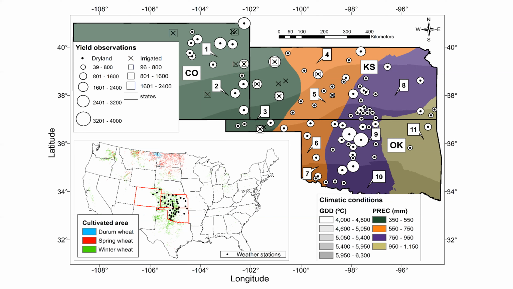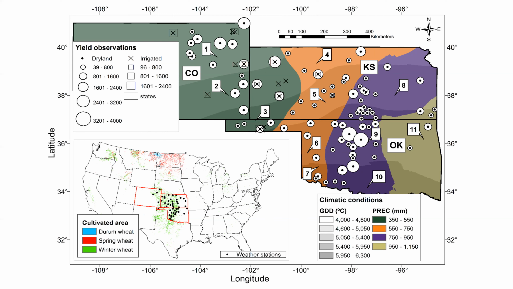Each one of those white circles in the map is a place where we had variety trials in the last 20 years. The bigger the circle, the more observations we had. Overall, we have about 100,000 yield observations. So this is a huge amount of data that we have to work with.